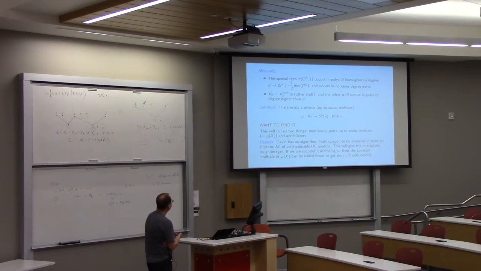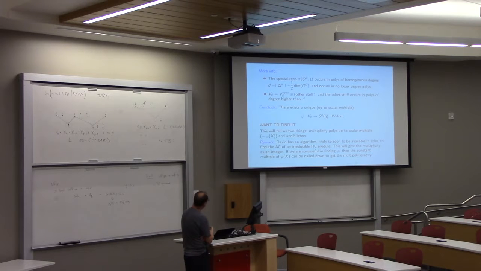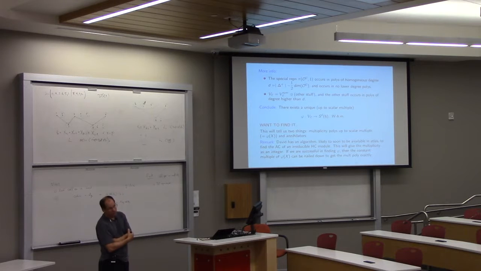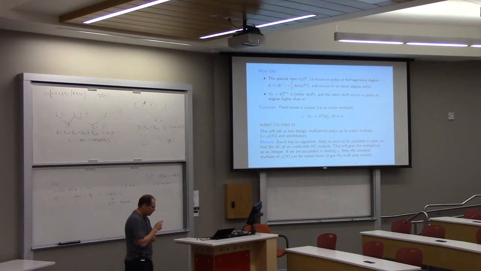A little remark here is that David has an algorithm which I assume will be part of the Atlas sometime soon, and it will compute the associated cycle of a Harish-Chandra module. So it will give you integers times orbits.